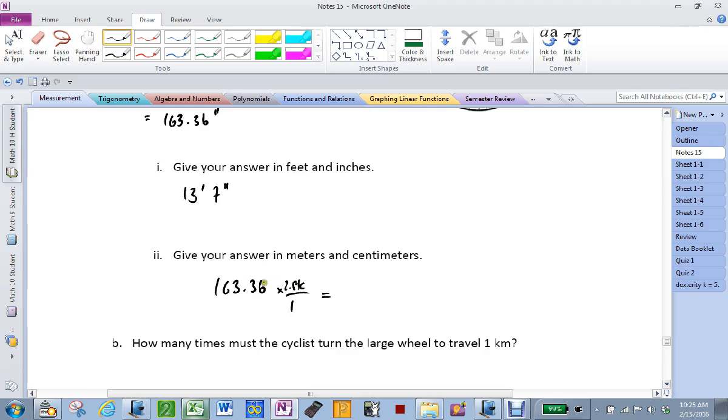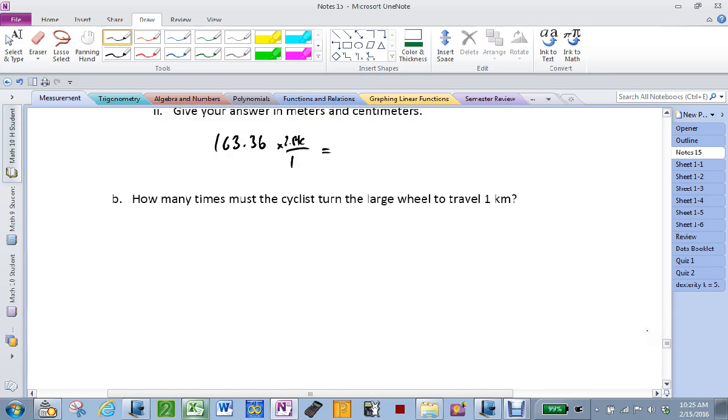Because this is getting to centimeters, yeah? What do I got to do to get the answer that I want? Move the decimal how many places? 2, centimeters to meters. Don't forget decimeters. Right? Everybody cool? So whatever that would be, I don't have it in front of me. I'm not going to bother. How many times must he turn the large wheel to travel 1 kilometer?